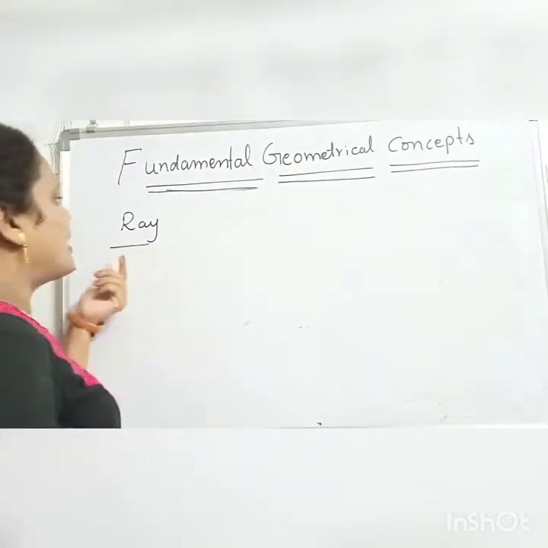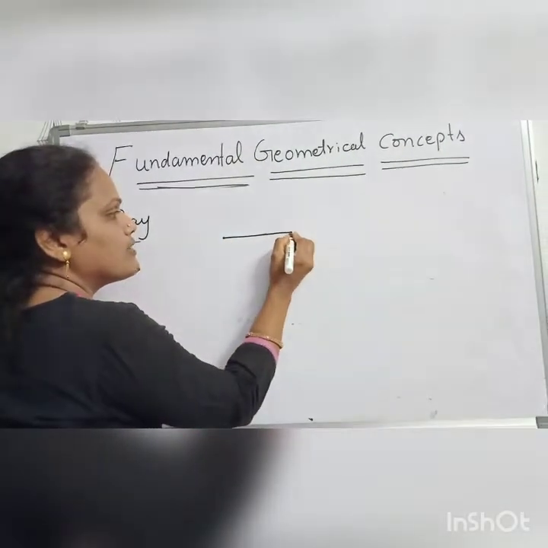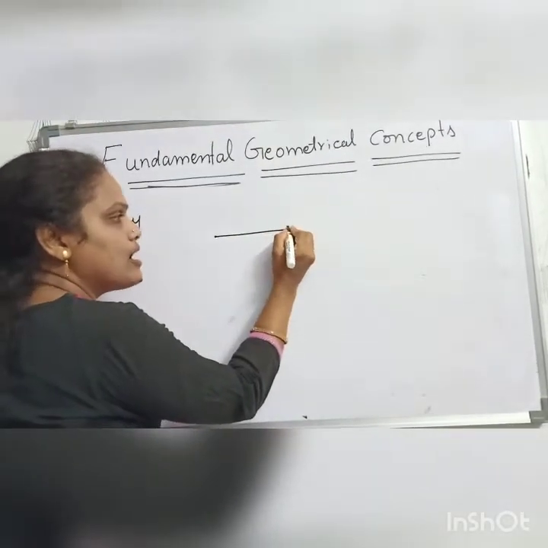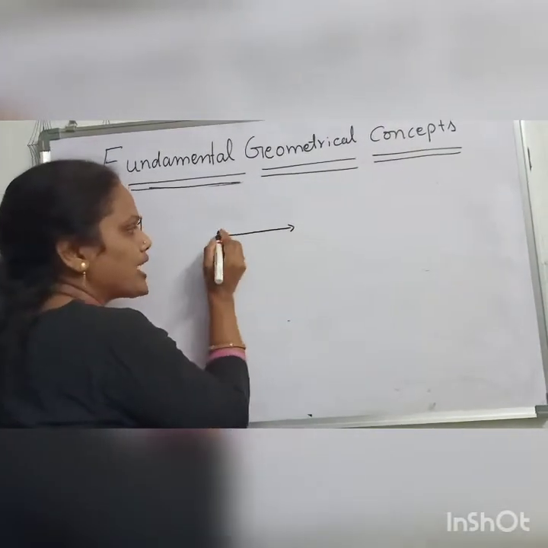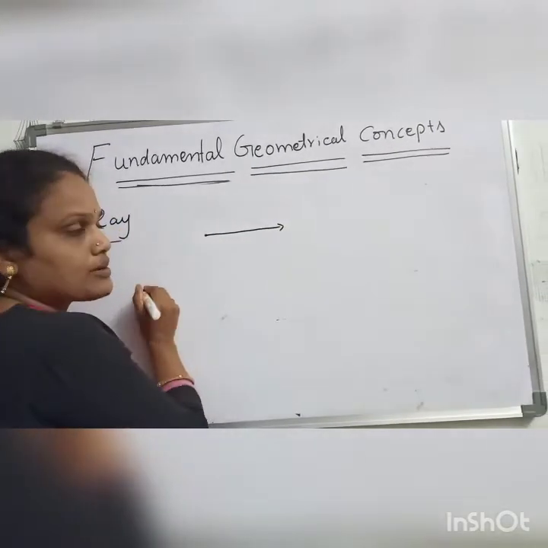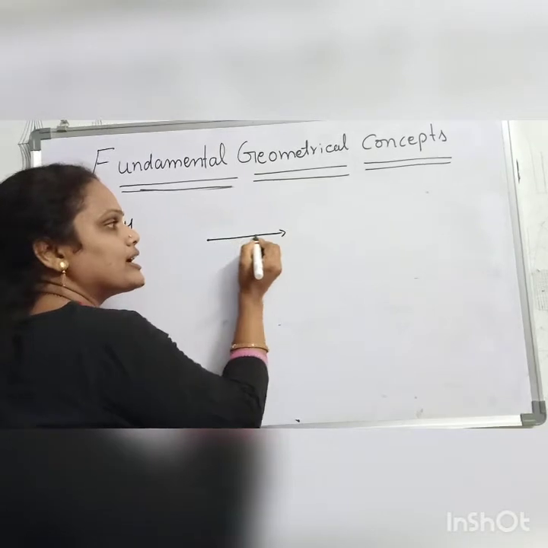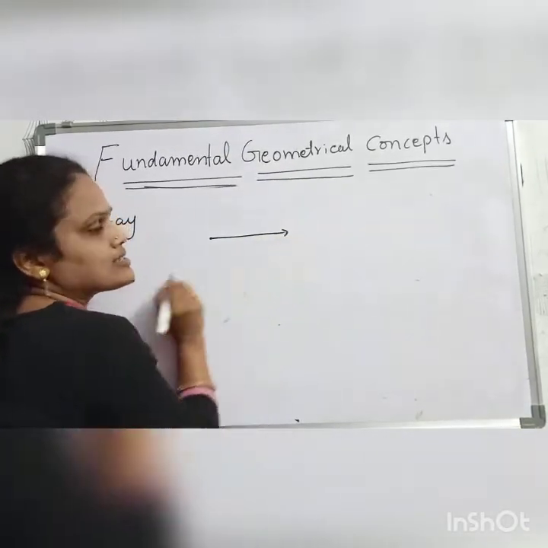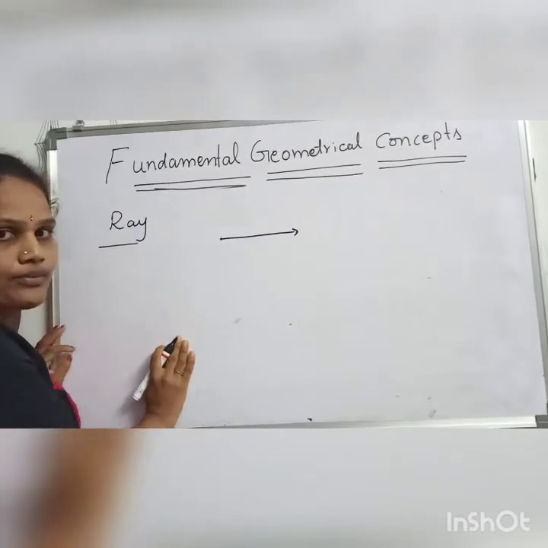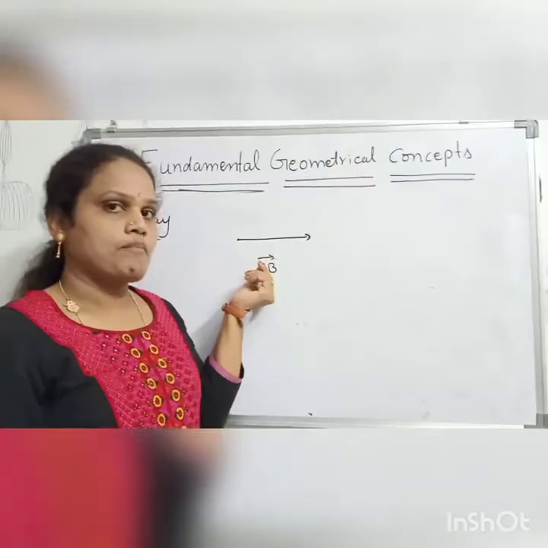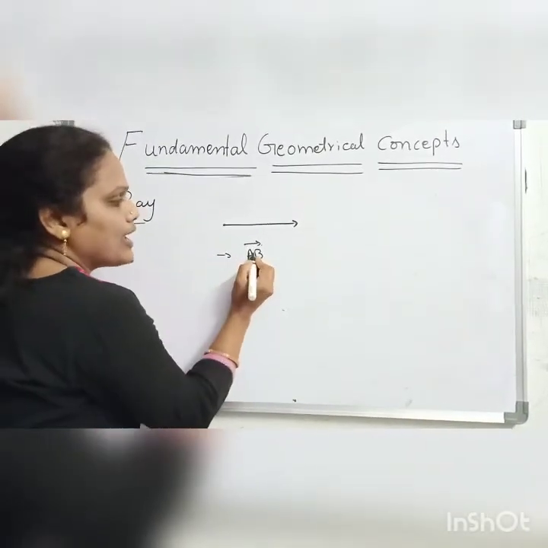A ray is a line segment extending endlessly on one side, with one initial point. This is called a ray. A ray can be denoted by AB.